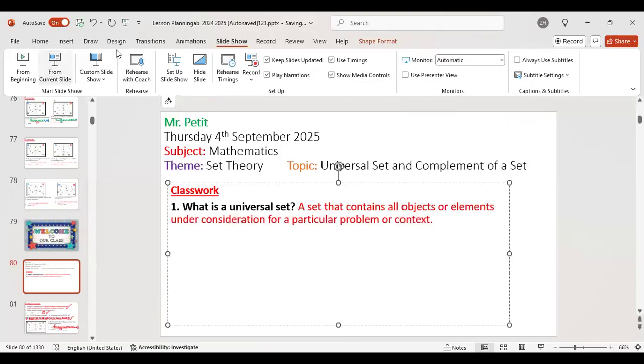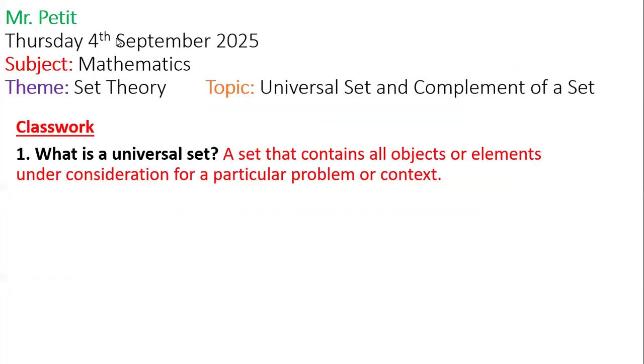All right. So go ahead, Tina, can you read the definition of a universal set? A universal set is a set that contains all objects or elements under consideration for a particular problem or context.